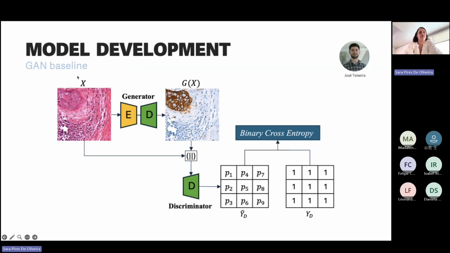And as a first step, we just concatenate the H&E and the generated immuno to pass to the discriminator, kind of to enforce the preservation of the semantic information that we want to preserve from the immuno. And why? Because there's a big assumption behind all this work.